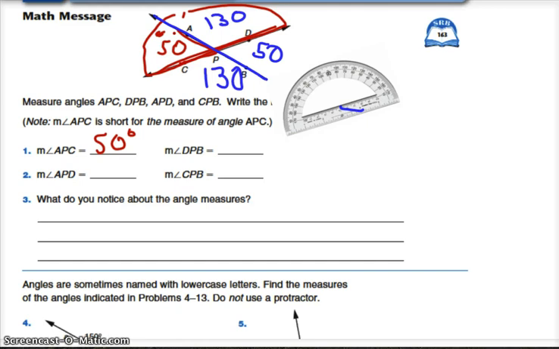Just a quick review: a whole line spread out flat is 180 degrees. If we have an intersecting point, like this line intersects, and we used our protractor and it's 50 degrees, you try it and tell me, and then we just subtract that from 180. Easy, very quick.